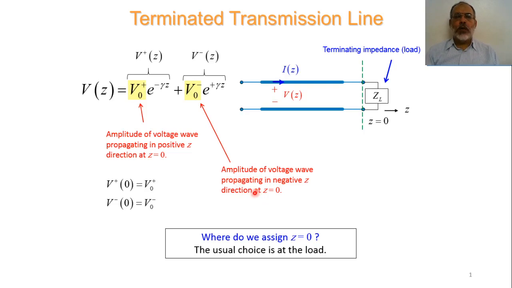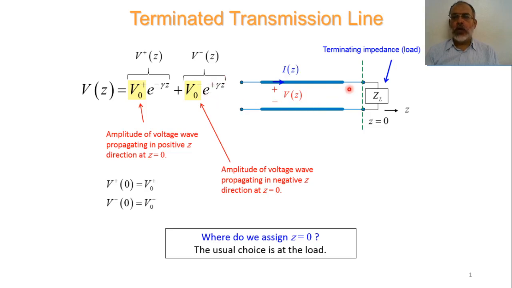The question now is, what will be the situation if this transmission line is finite and terminated by a load resistance Z load at z equals 0? In this case, at z equals 0, the potential would be V naught plus multiplied by e to the power minus 0, which is unity, plus V naught minus multiplied by e to the power 0, which is also unity.